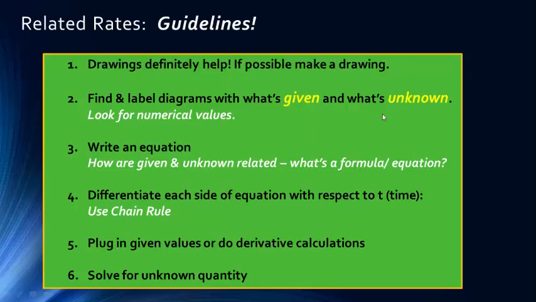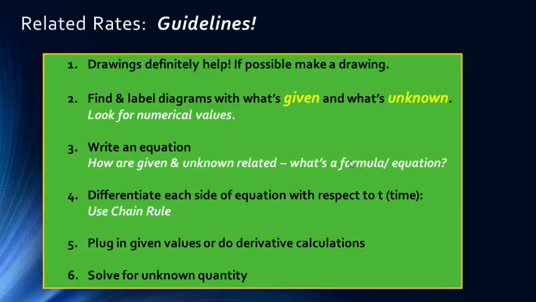So look for what's given and what's unknown. The unknown is the question. There may be some other values in there, like we saw that we had to solve using Pythagorean theorem in a couple of the examples. Look for numerical values and then write them as variables. Then find an equation. How are the given and the unknown related? What's the formula or equation? These will all be simple things.